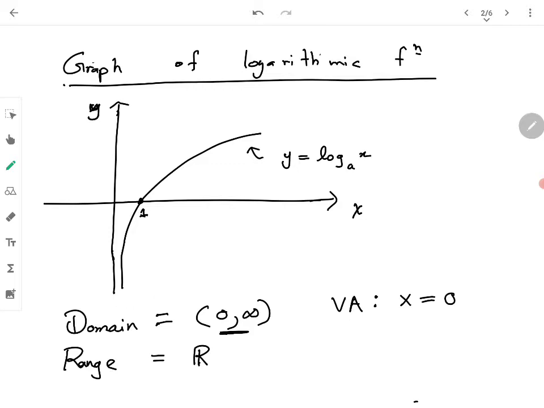From the graph it's clear that it can only take positive values, so 0 to infinity, and the range is the y values the function can take, and you see you can take any y value, negative to positive, so all real numbers. Then this has a vertical asymptote x equals 0, the y-axis.